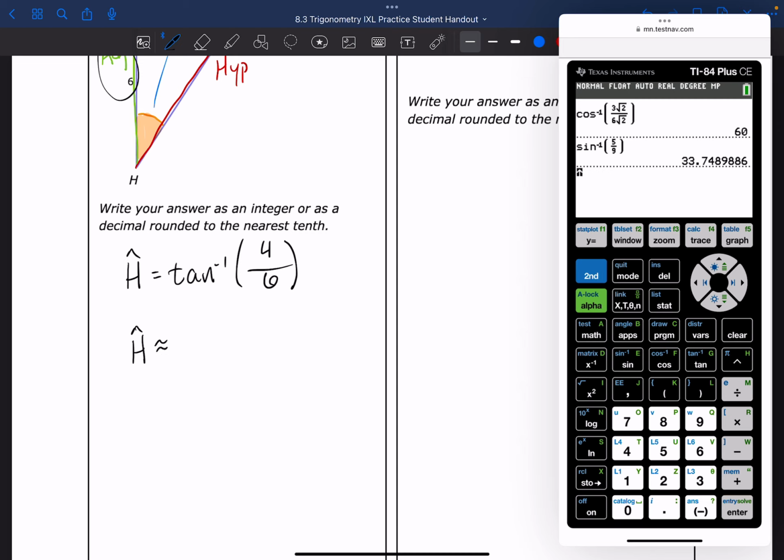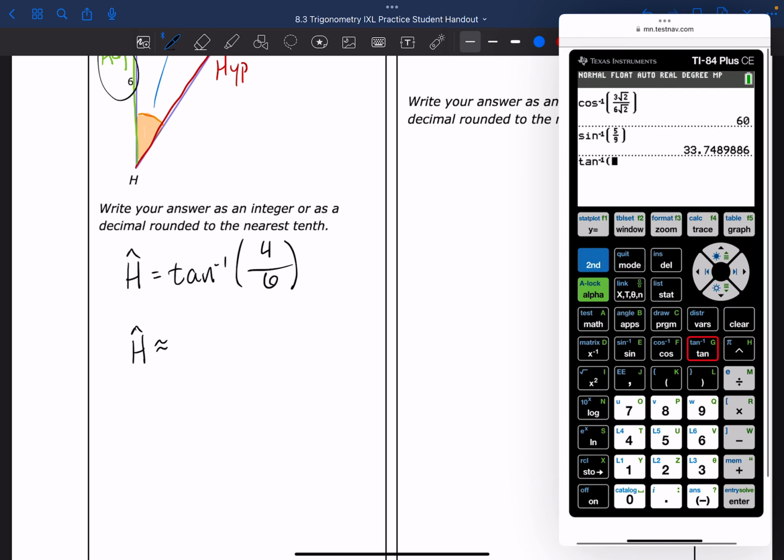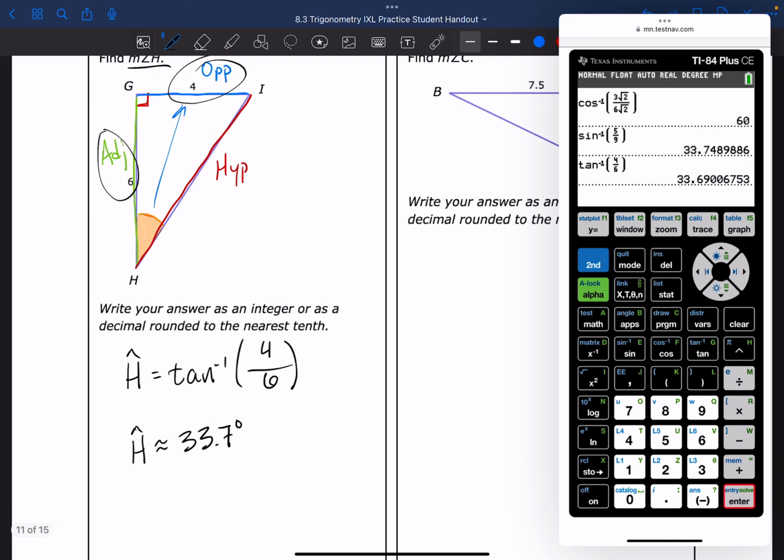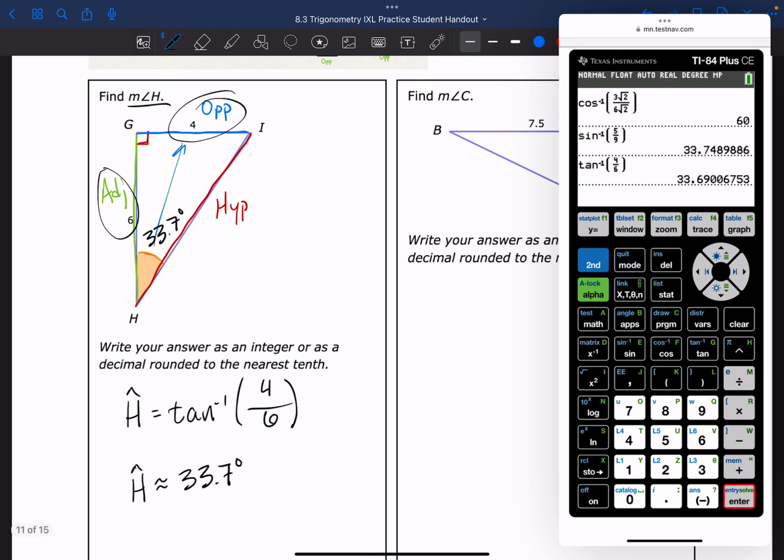So second tan, make my fraction, 4 over 6. Close that parenthesis, boom. And what I get is roughly 33.7. It's kind of crazy that it's pretty much the same one that I got last time, just slightly different. So angle H, the measurement of angle H, is 33.7 degrees.